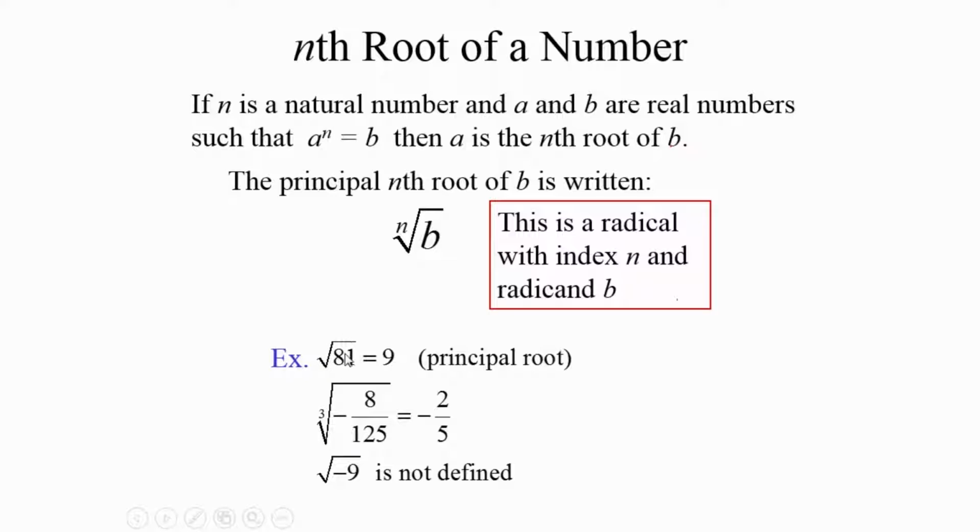So the square root of 81 is equal to 9. The third root of minus 8 divided by 125 is minus 2 divided by 5. In other words, if minus 2 divided by 5 is multiplied by itself 3 times, this index, 3 times, you get minus 8 divided by 125. Let me do that. Multiply it by itself 3 times.